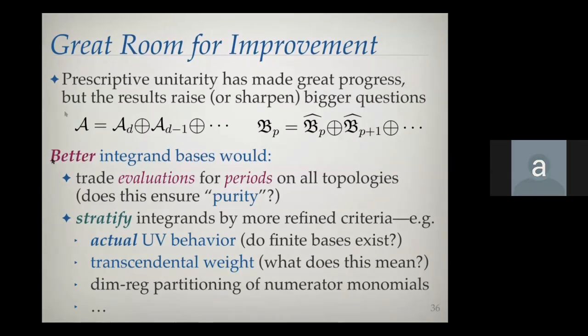Yes, thanks. You mentioned at the end about maybe using mass regulators for the IR and dim-reg for the UV. There's an obvious thing which I'm wondering if people have looked at. There's a big class of theories, including pure Yang-Mills, that you can get from just N=4 by giving masses by hand.